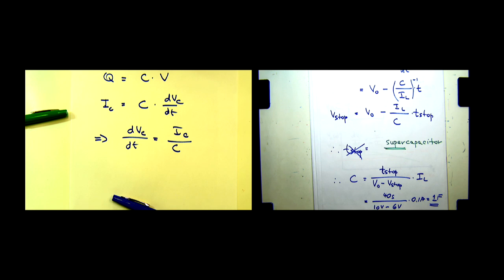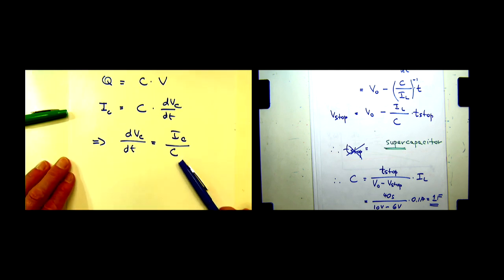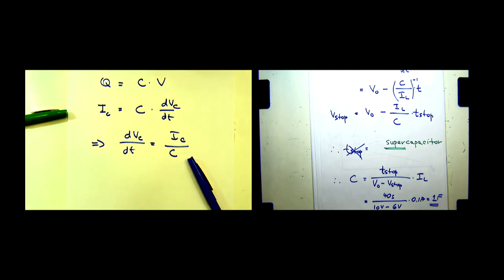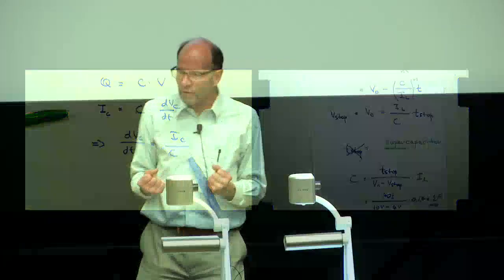But now actually I would like to tell you something that was going to help you on the midterm, I hope. If you see such an equation, you can ask yourself, what do I expect? If I suck out a lot of current, if IC is very big, would I expect that the voltage across the capacitor is going to decrease fast or slowly?